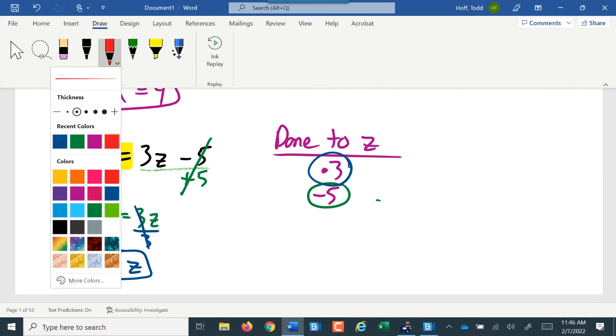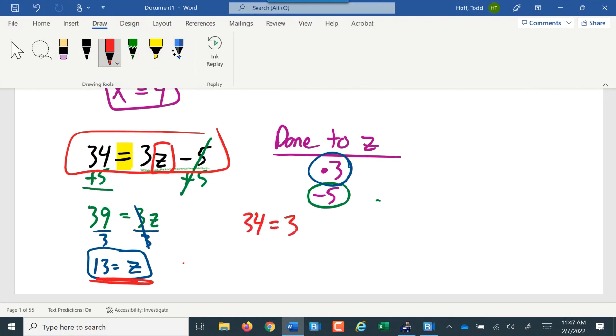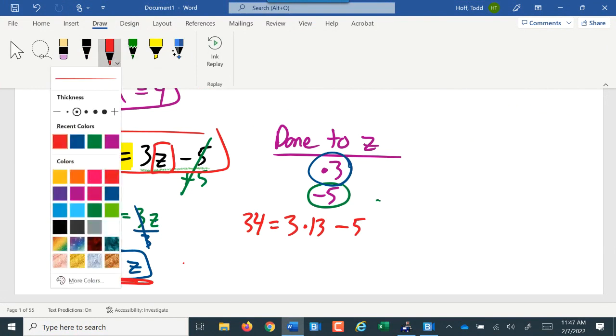If you're not confident in your answers at this point, you can always double check by going back to the original equation and replacing the variable with the number we got as our solution. So 3z minus 5 equals 34 is going to become 3 times 13 minus 5. We replace z with the number 13. Then we just need to make sure we get the same value on each side.